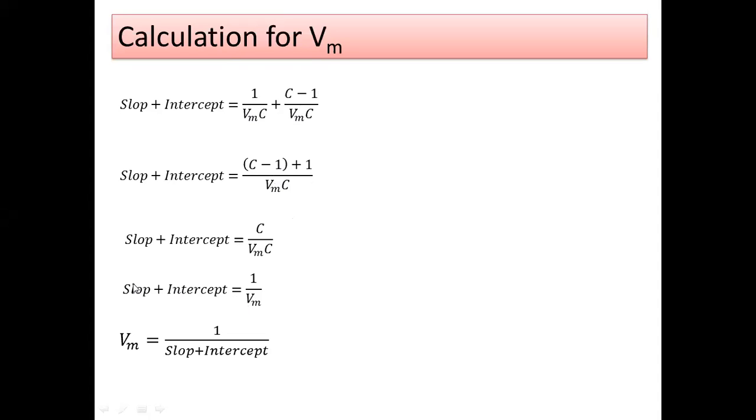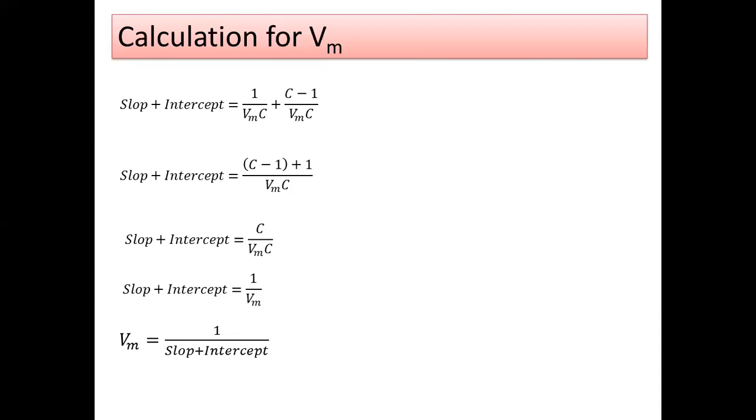If you take this to the left-hand side, it will become 1 over slope plus intercept. So you will directly calculate the slope and the intercept from the graph, and just taking the inverse of the slope plus intercept will directly give you the value of the Vm.